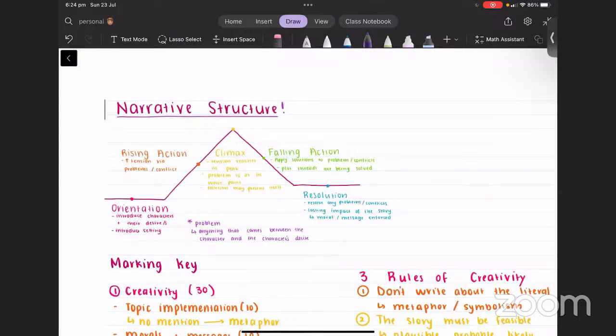Is this going to be part of the GATE exam? Yeah, in the GATE exam, you have your 4 sections, and one of those sections is writing, where you either have to write a narrative or a persuasive. Well, you don't have to write a persuasive or a narrative.